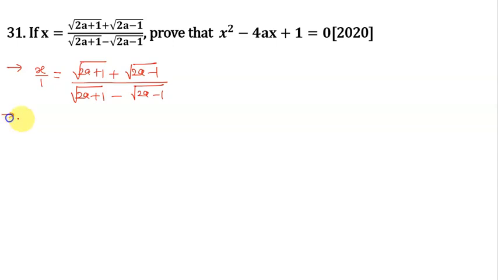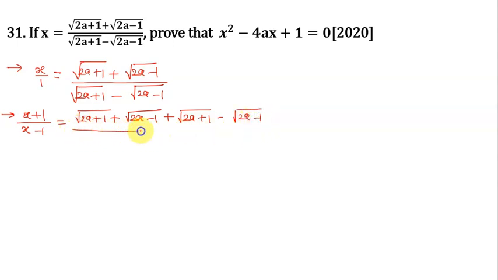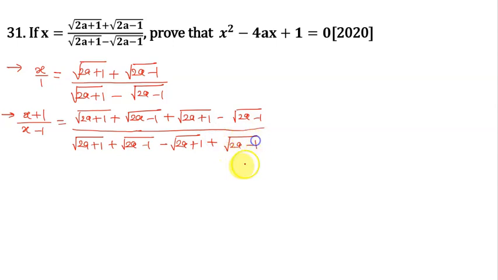Then applying componendo and dividendo, you will have (x+1) upon (x−1) equals [√(2a+1) + √(2a−1) + √(2a+1) − √(2a−1)], and this whole divided by [√(2a+1) + √(2a−1) minus (√(2a+1) − √(2a−1))].